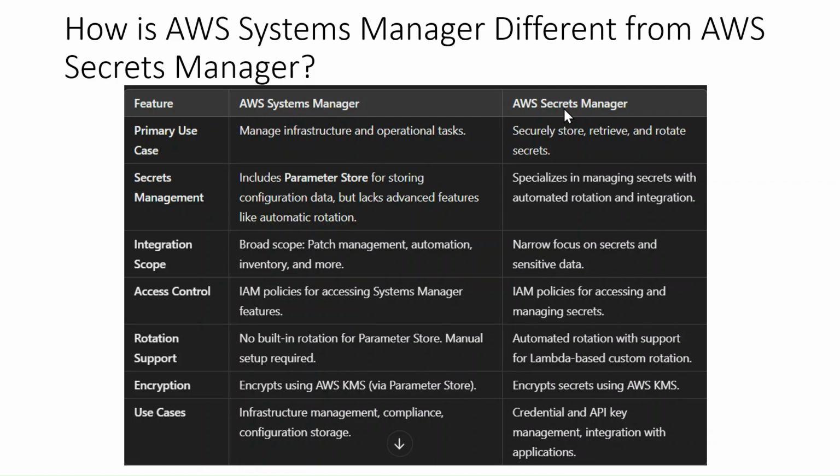between system manager and secret manager. Secret manager is completely about storing your sensitive information, accessing it, and auto rotation. When it comes to system manager, here we primarily focus on infrastructure. We are required to provide some credentials for maintaining the infrastructure and operational tasks, and for that case we go with it, and we can provide the parameters here also.